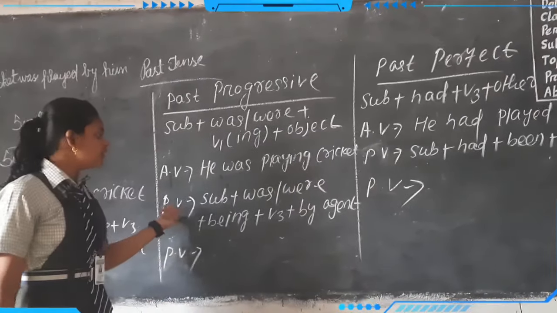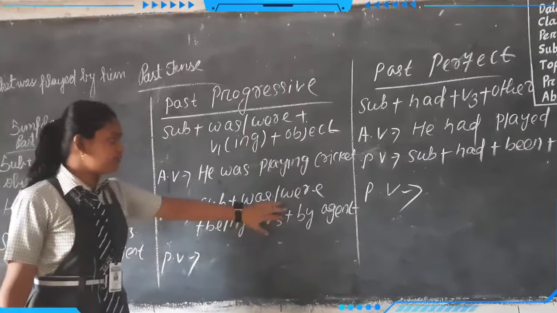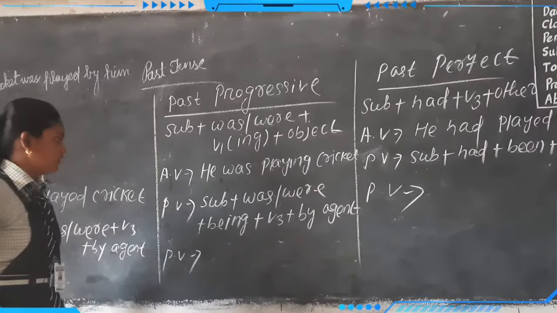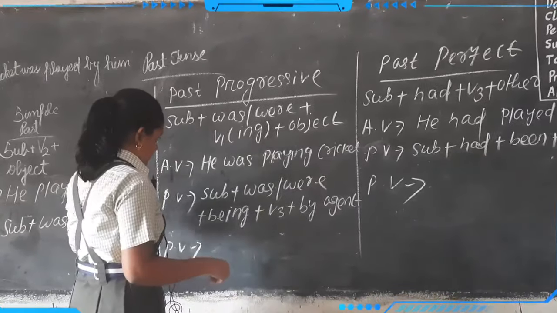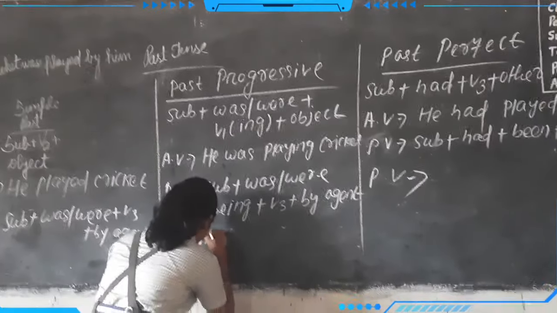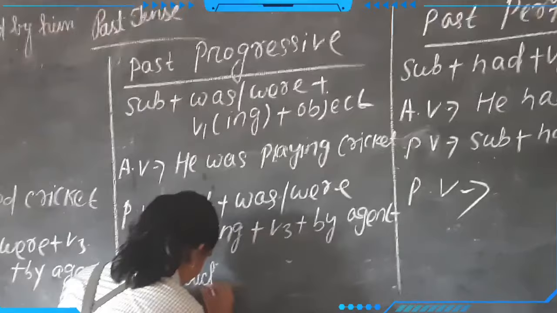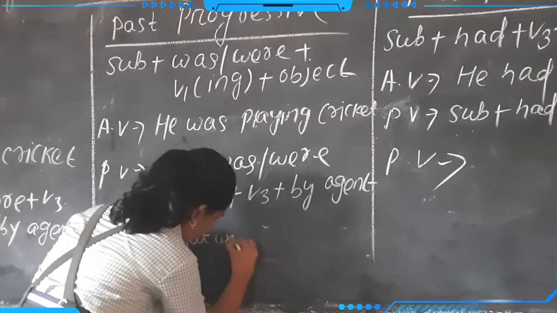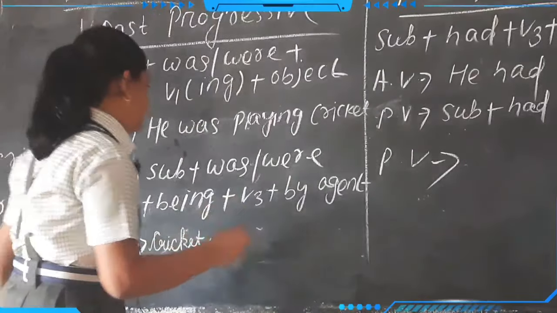In the passive voice, the structure is subject plus was or were plus being plus verb 3 plus by agent, and the example is cricket was being played by me.